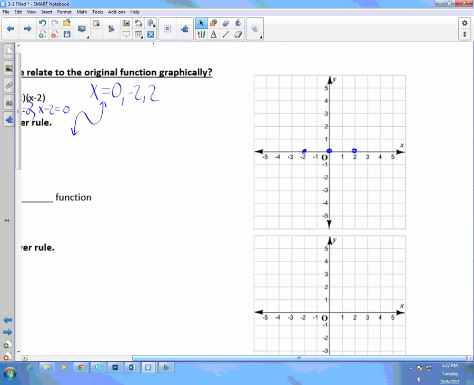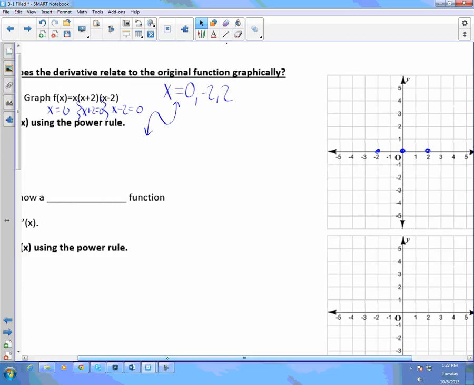Can we find the point at negative 1 and the point at 1? Can you find the y value if we plug in negative 1 and the y value if we plug in positive 1? You do that by function notation, f of negative 1, which is negative 1 times negative 1 plus 2 times negative 1 minus 2, and f of 1.